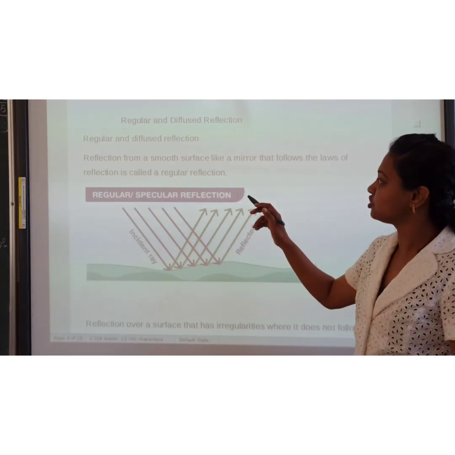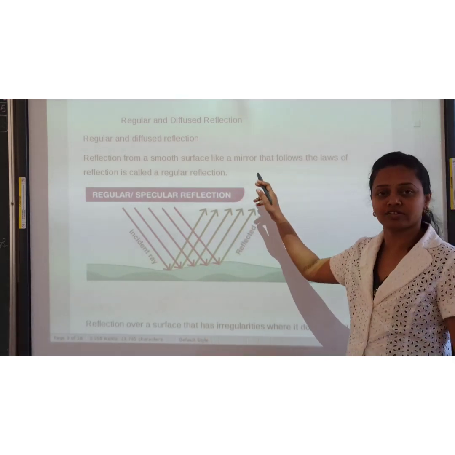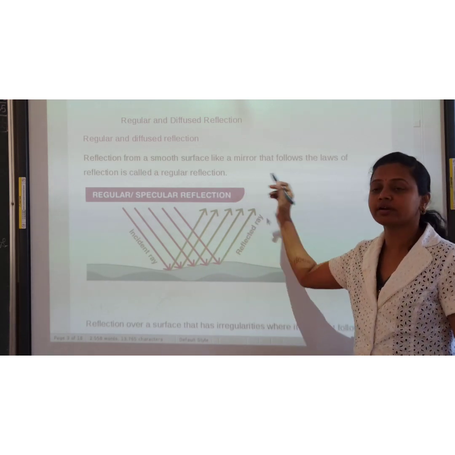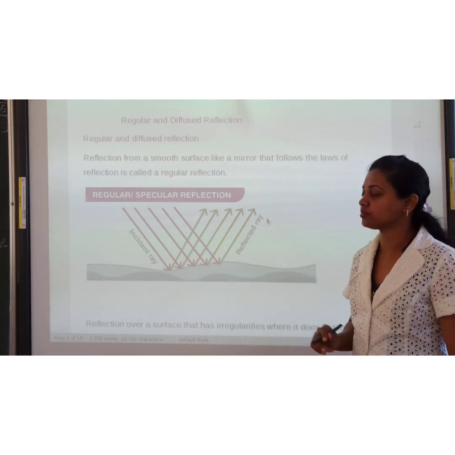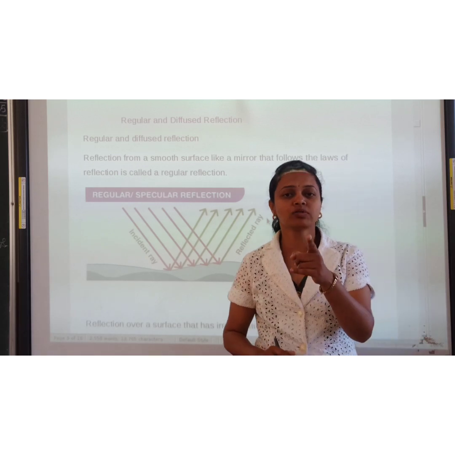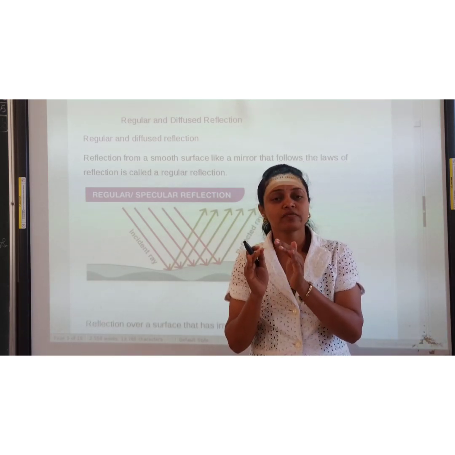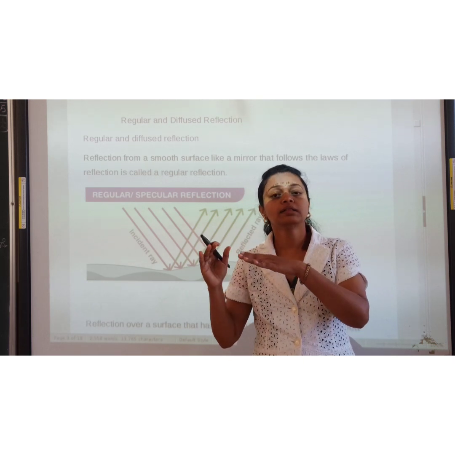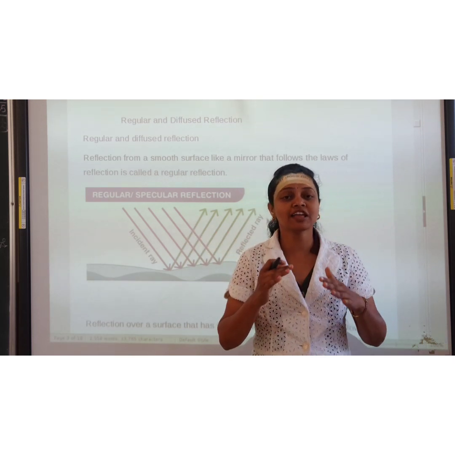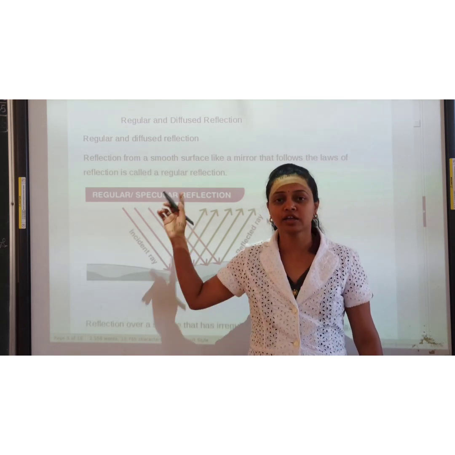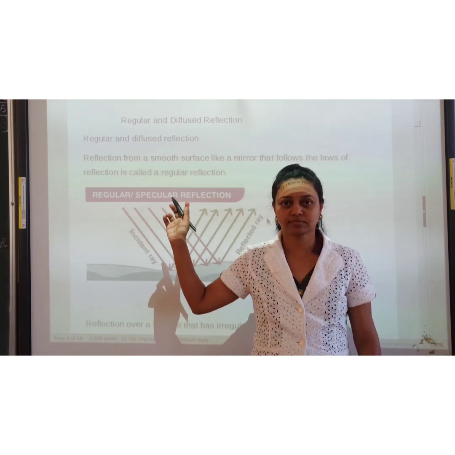Students, reflection from a smooth surface like a mirror that follows the laws of reflection is called regular reflection. Here, one hint I would like to give you. The bouncing back of the light that takes place on a smooth surface is called regular reflection.